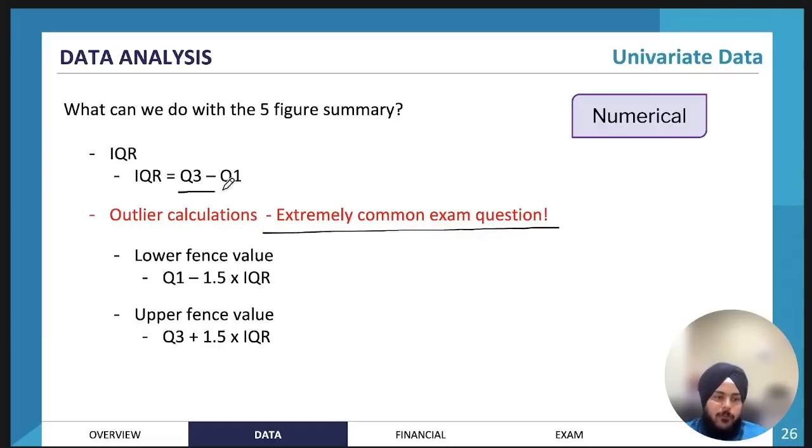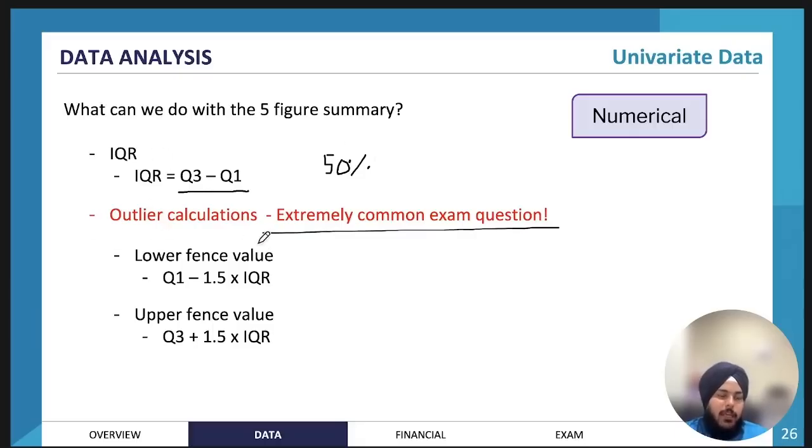It's found by doing Q3 minus Q1, and what it's essentially doing is finding the middle 50% of the data. So where does the middle 50% of the data lie, between what values? Q3 represents the upper quartile and Q1 represents the lower quartile, and therefore the IQR represents the middle 50% of the data values.